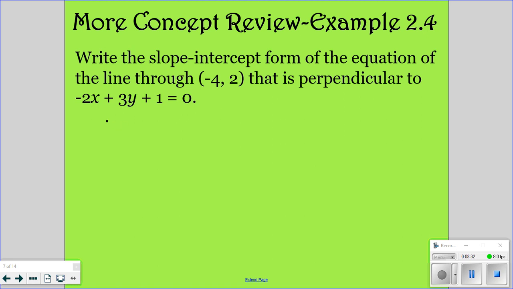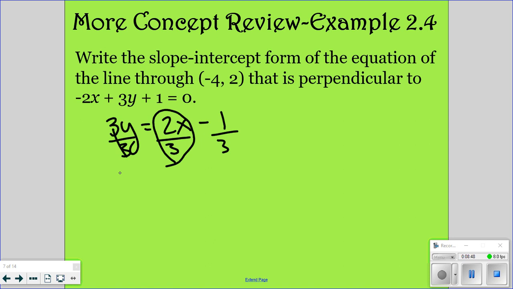So I'm going to say 3y equals a positive 2x minus 1, moving those two terms over to the right side, and then divide by 3. And so my slope is found here. The slope is 2/3.